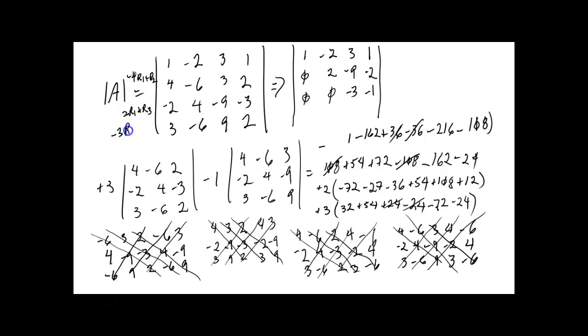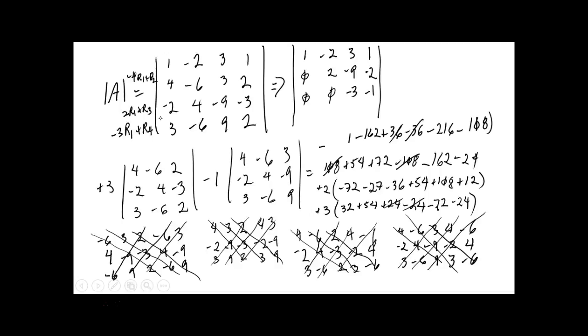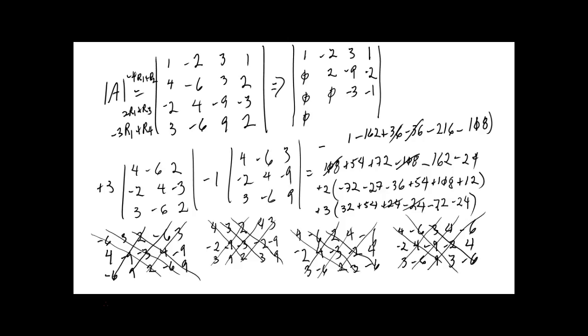-3, row 1. Okay? What will your first entry be? 0. What will your second entry be? 0. Aren't they nice? What's your third entry?